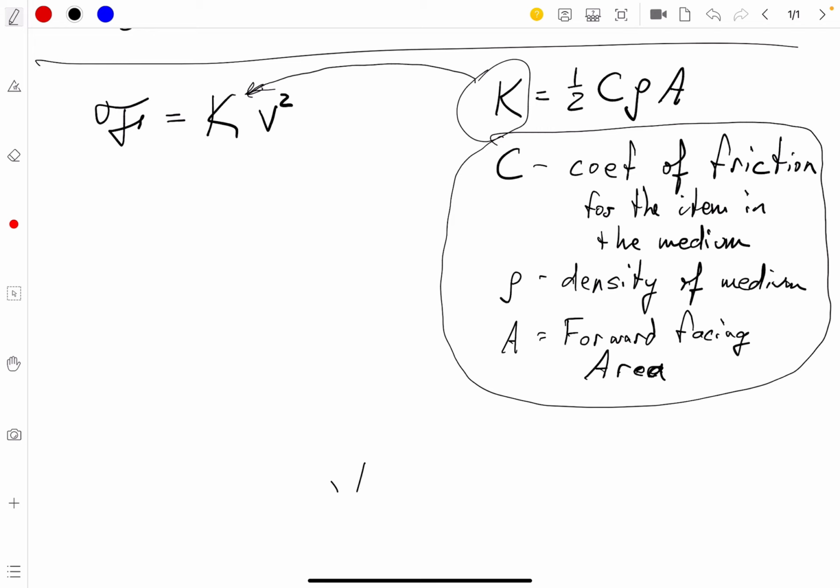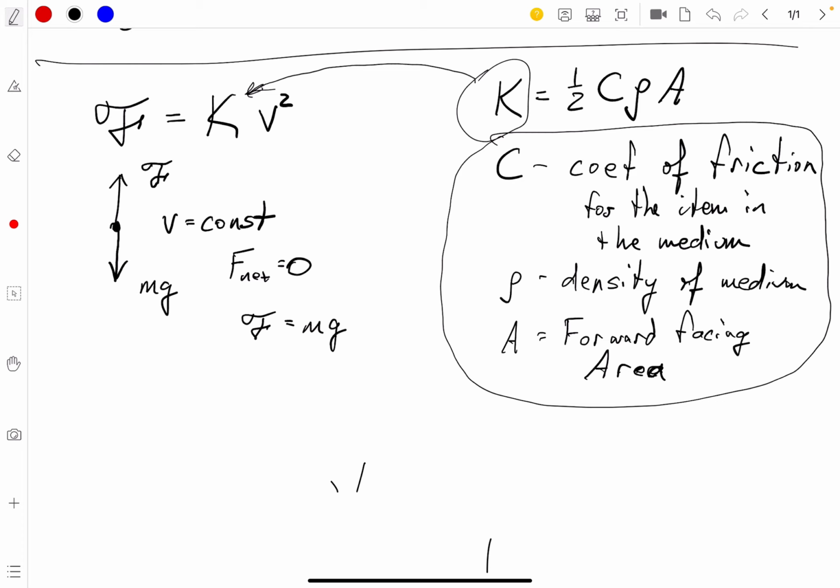If you're traveling at terminal velocity, so you're dropped out of an airplane, and the object is just going down with a constant velocity, and you've got some mg pulling you down, then my F net is equal to 0. So my force of drag, friction, is equal to mg.